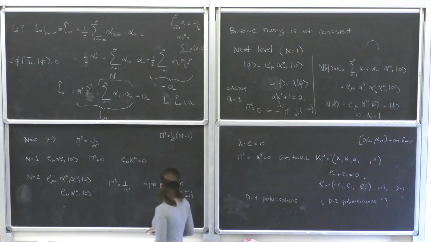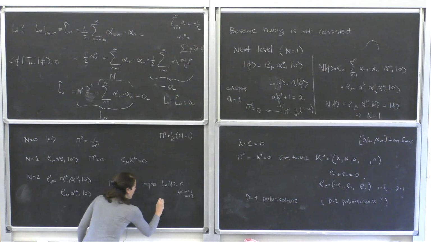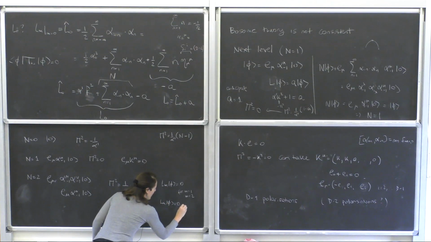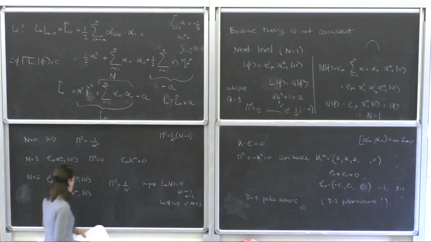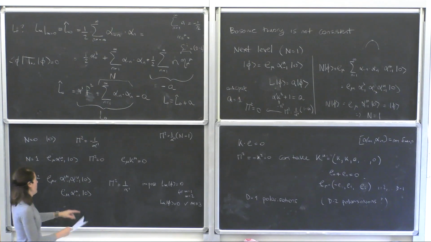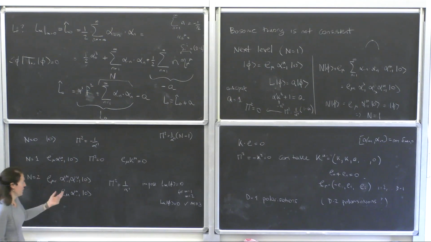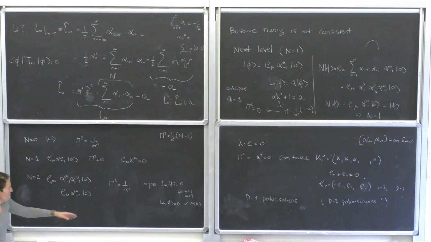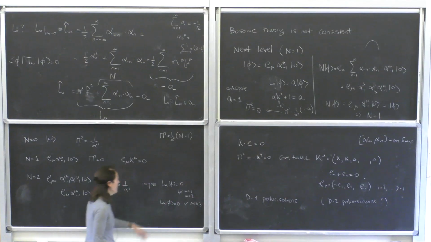These two give conditions, and then Lm phi equals 0 trivially for m greater or equal than 3, because when you commute, it gives you an alpha with m minus 2, so for m greater than 3 it is trivial.